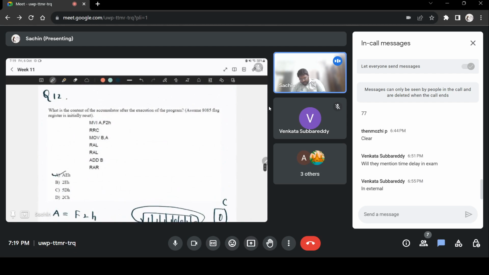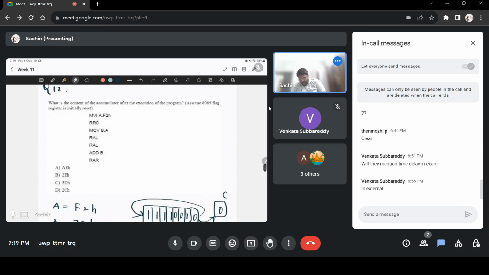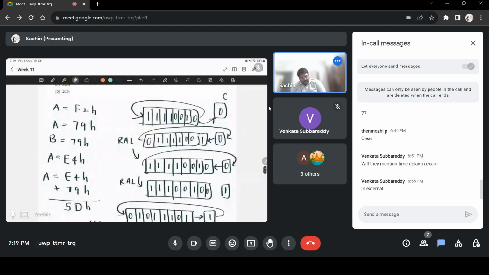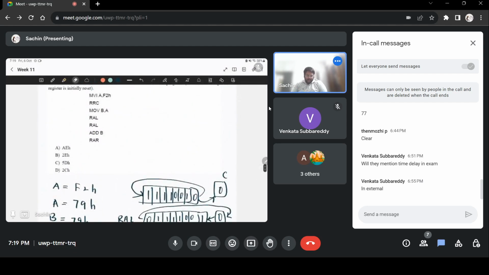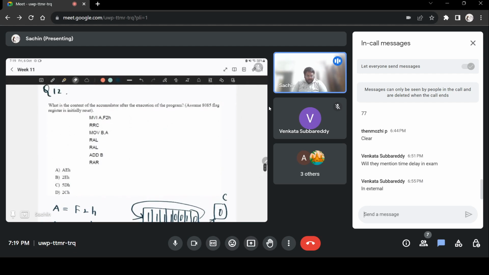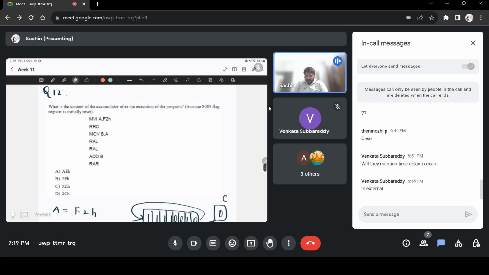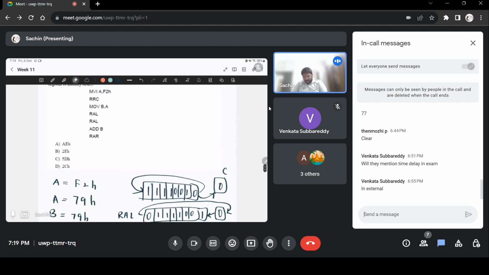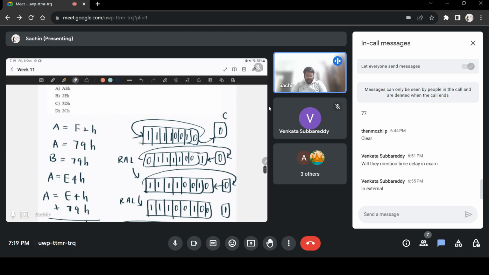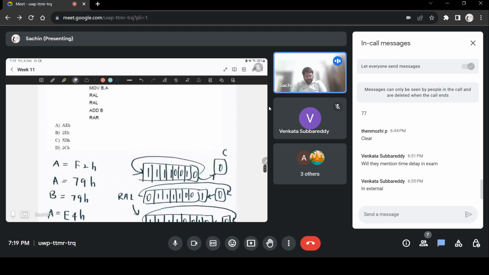So the correct answer was AEH, so this is correct. Any doubts? You just need to know the operations and you need to perform them properly without making any mistakes. If you make a mistake when shifting these bits, instead of writing 0, you write 1 somewhere, you will get the wrong answer.